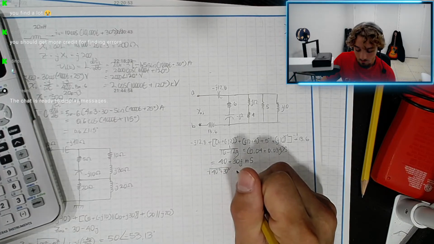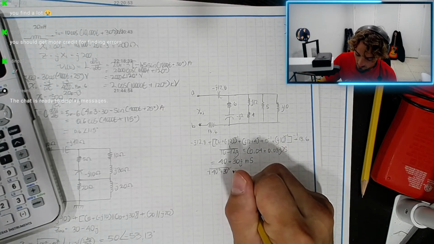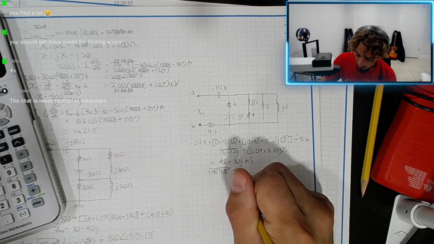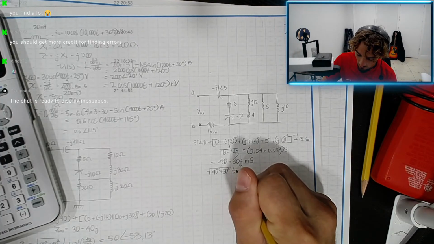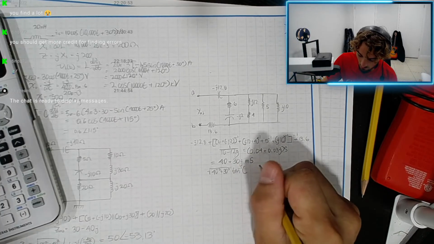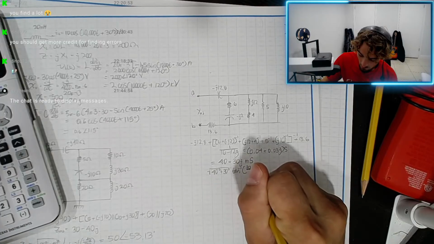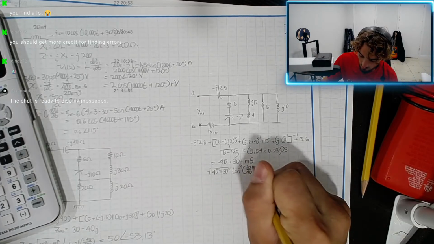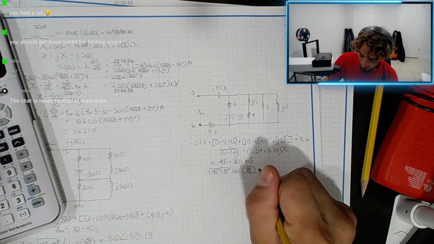And then the phasor angle, the phase angle, is going to be the inverse tangent function. And of course, y over x. Millisiemens.